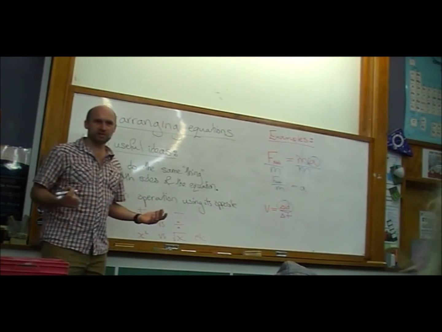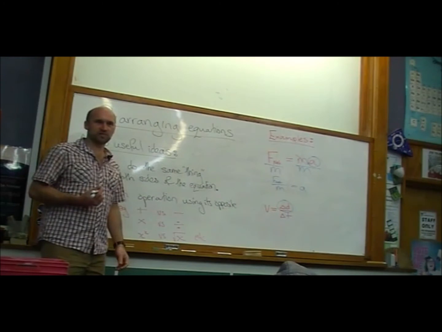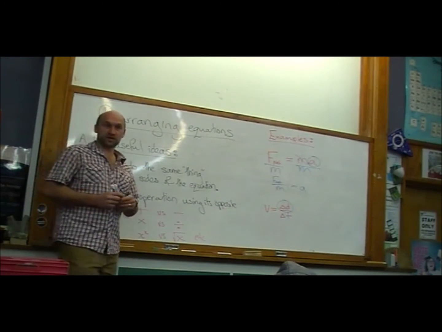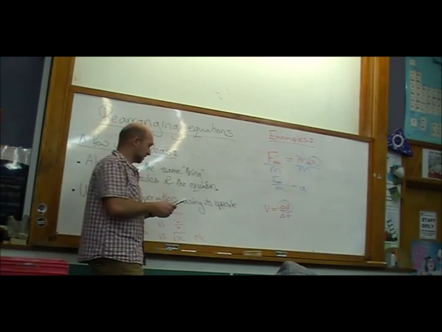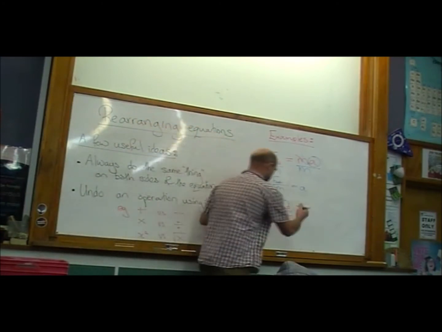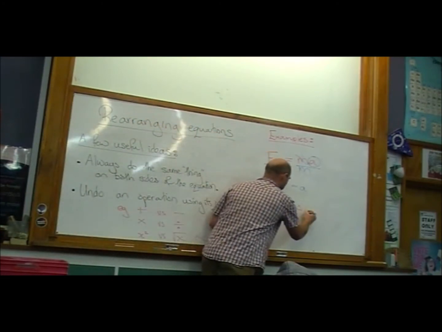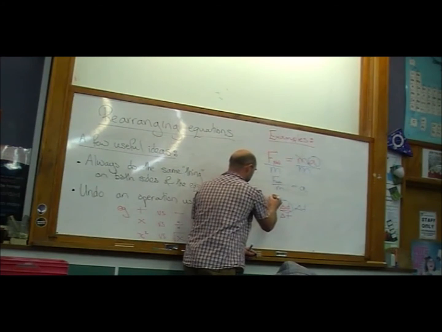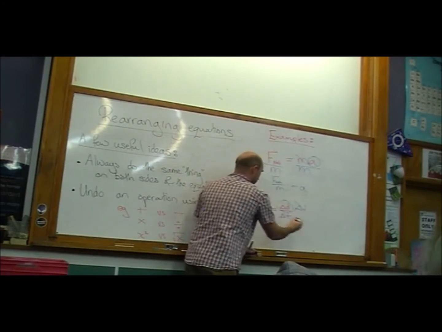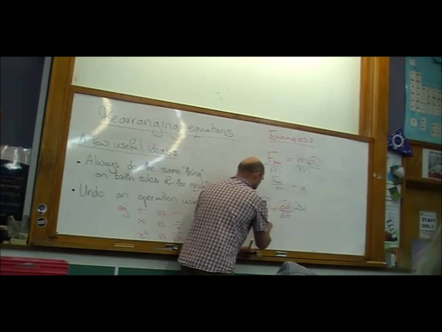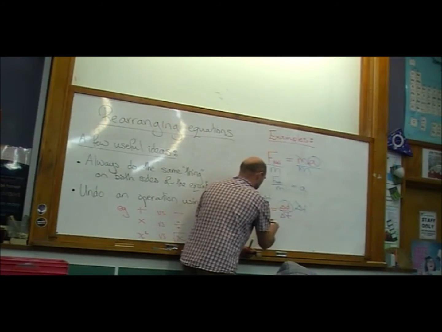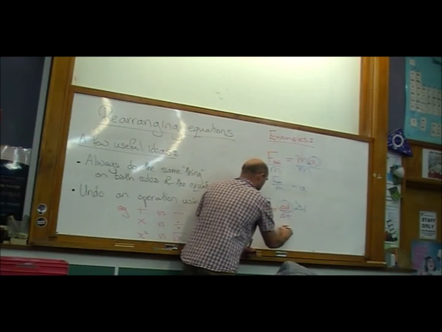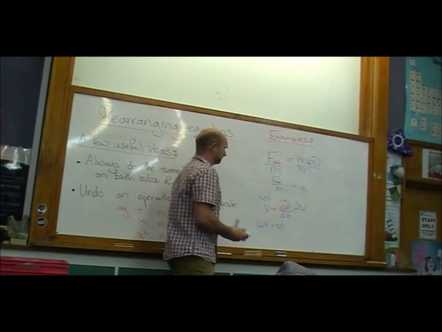We're going to get rid of the time. How are we going to get rid of that divide by t? What do you think? Times the left side by that delta t. Times delta t, times delta t. Cancel, cancel. And we're left with speed times change in time is equal to change in distance.